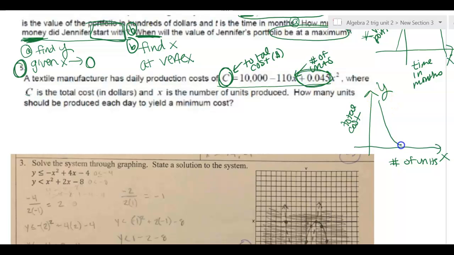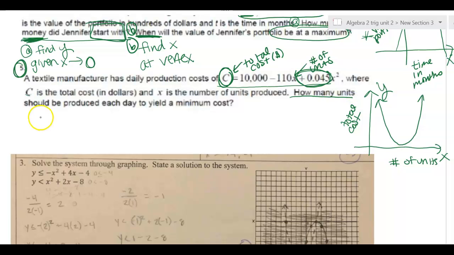And I really don't know if it crosses the x-axis or what happens. I'm just giving myself a very rough sketch so I know what to go look for when I want to answer the questions. So then it says, how many units should be produced each day to yield a minimum cost? So when I dissect this question, the question part is how many units?